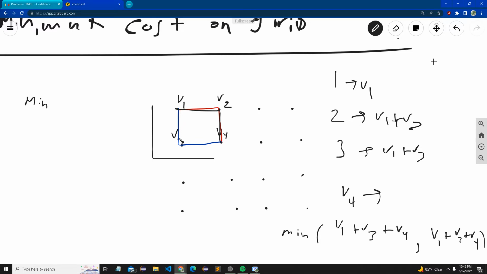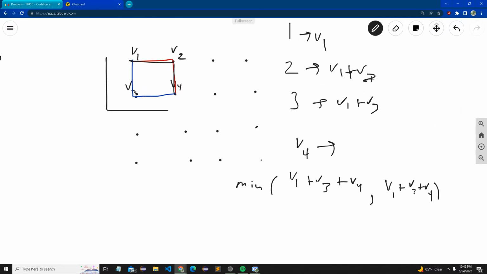Regardless of which one we choose, v sub 4 is going to get added anyway, so let's do that outside. And isn't this just the minimum of 2 and 3? So we can reduce this to the minimum of 2 and 3 plus v sub 4.